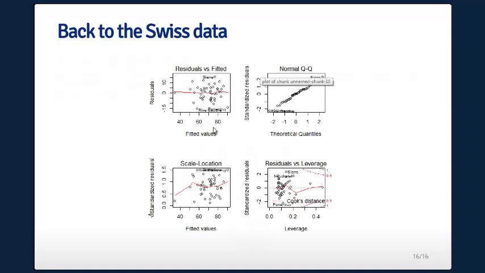So let's look back at the Swiss data and see what these different plots are trying to accomplish a little bit. The residuals versus the fitted values, you're looking for any sort of pattern. Same thing with the fitted values versus the standardized residuals, the scale-location plot, where it's plotting a function of the standardized residuals. The normal QQ plot is where you're trying to figure out normality of the errors by plotting the theoretical quantiles of the standard normal distribution against the standardized residuals.